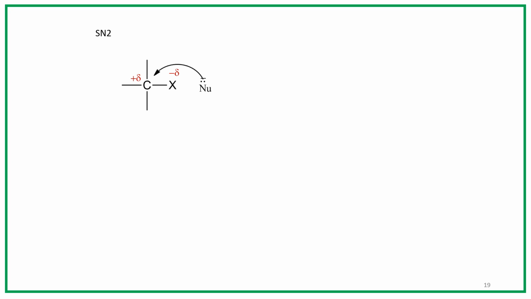So the nucleophile can attach to this carbon, which has a positive charge. Then the two electrons in the C-X bond go towards the X side, forming an X minus ion, with the nucleophile replacing X. We call this a substitution of nucleophile 2 type reaction.